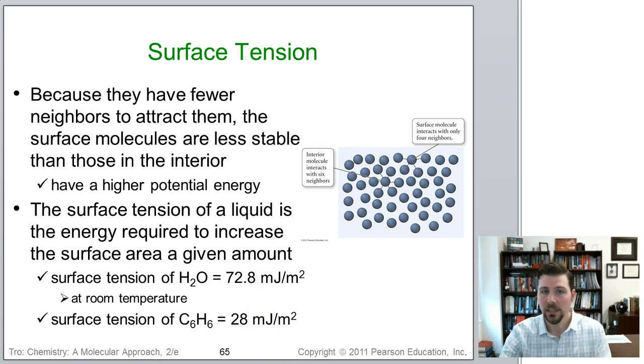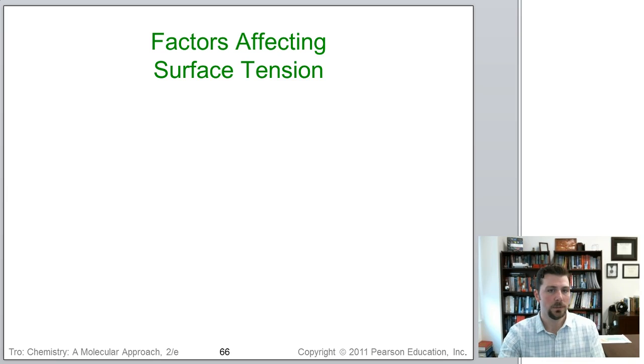The answer is intermolecular forces. Notice C6H6 doesn't have hydrogen bonding, doesn't have dipole-dipole forces, and so we expect water to have a lot higher surface tension in that case. Now there are other factors that play a role which make it a little bit harder to understand at times, but surface tension relates very strongly to intermolecular forces.